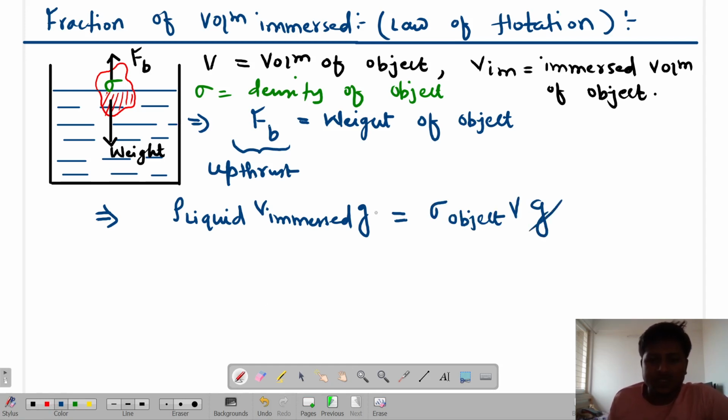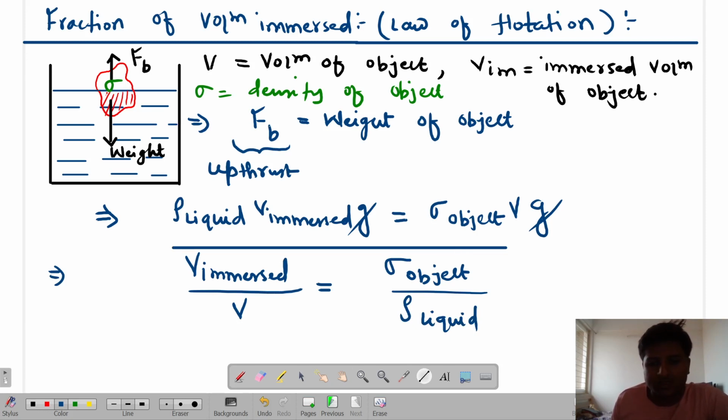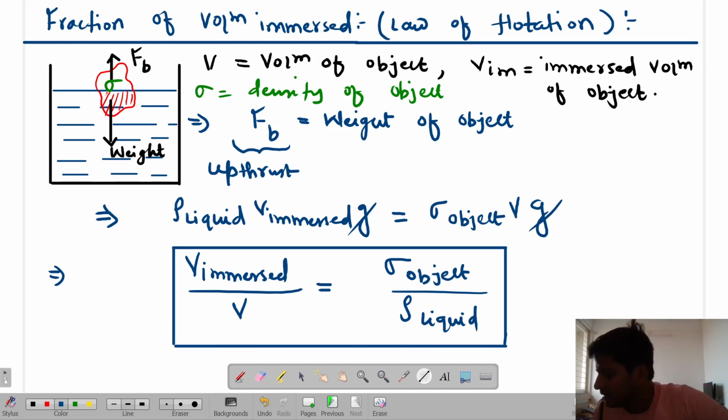Now look here, this g and g got cancelled, so the fraction of total volume which can be immersed is dependent upon density of object divided by liquid, and this is called as law of flotation. What it is called as? Is that clear or not? Is this totally clear?